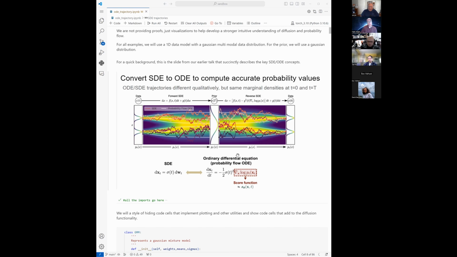If you can do it with an ODE, there's a direct trajectory from the prior to the data distribution. I will look at what that looks like, and trying to understand what these little white lines are was why I started on this notebook. And Dave, is it proper to call those the probability flow? That's what I started using, but I want to ask that question.